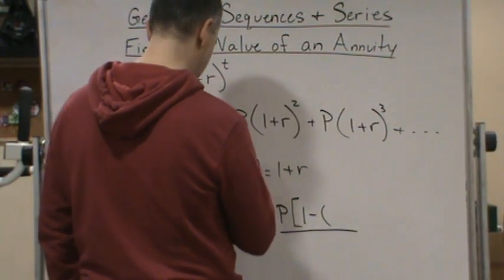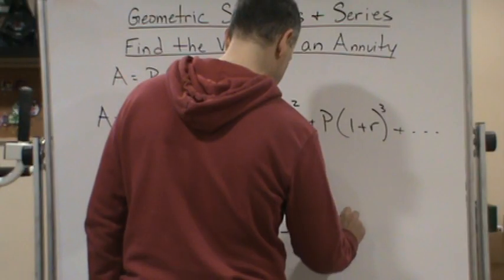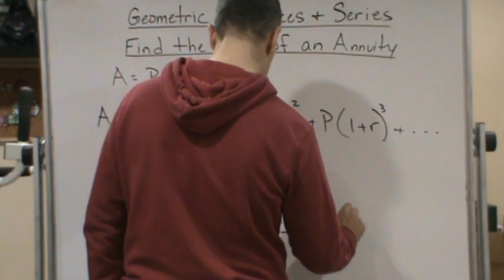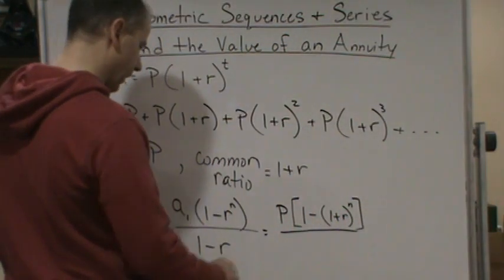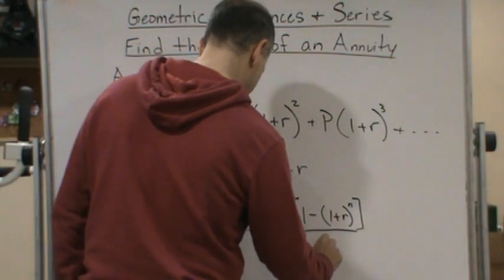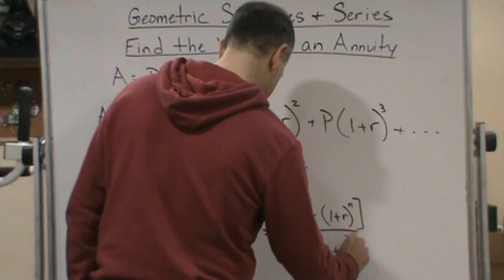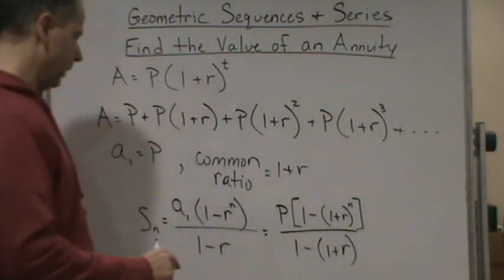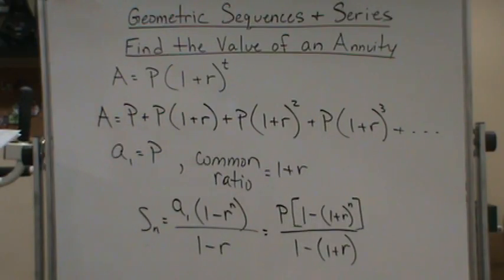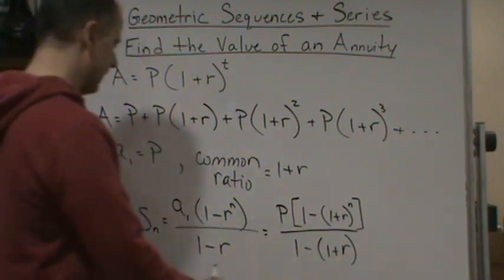Now the common ratio is 1 plus R. And then down here, this is going to become 1 minus 1 plus R. But N is going to be T, right?